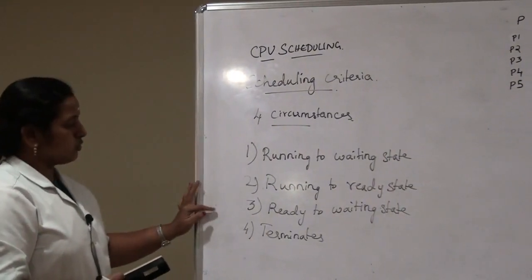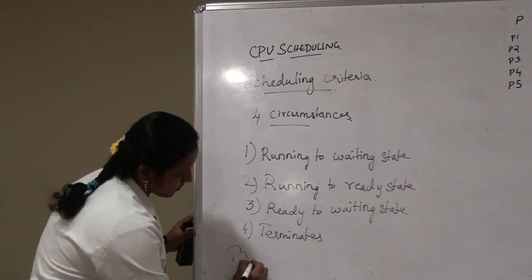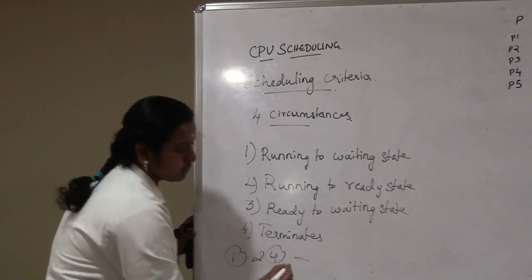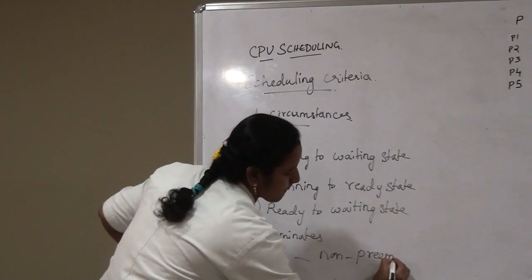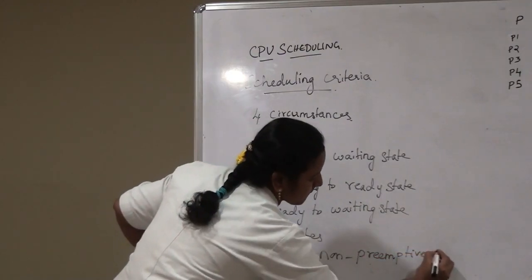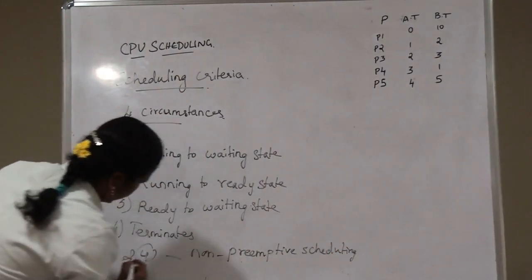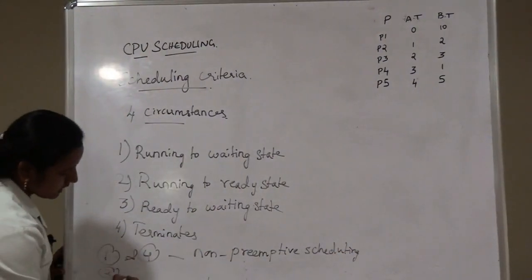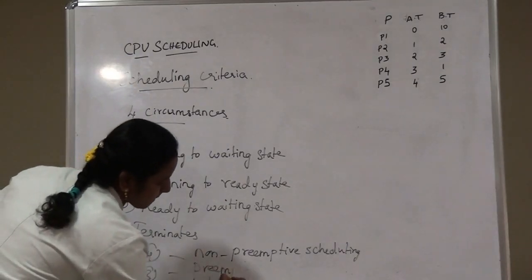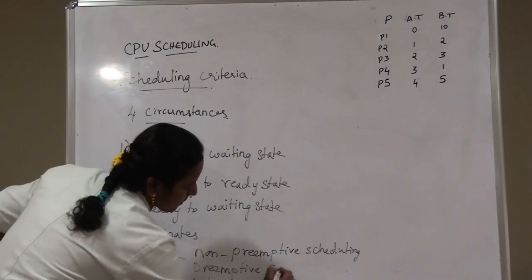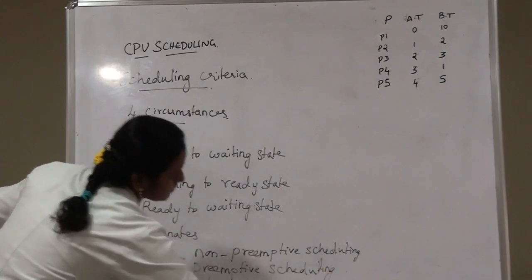Of these, the first and fourth come under non-preemptive scheduling. The second and third come under preemptive scheduling.